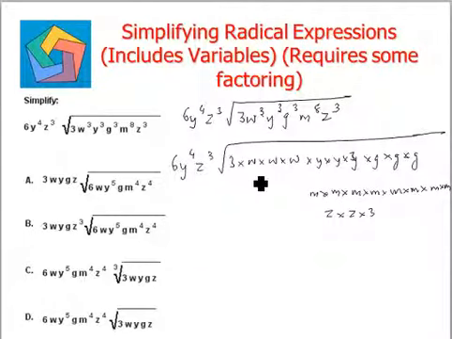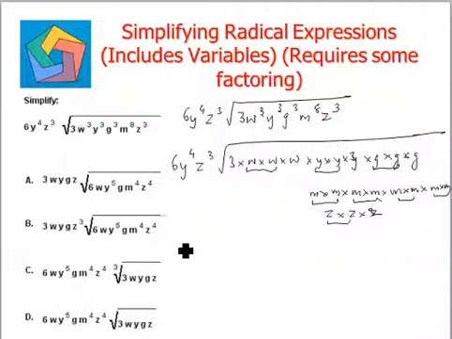So then we start making groups. Here the index is 2, so we make pairs of 2s. So 2 y's, 2 w's, 2 g's. M we can make 1, 2, 3 and 4 pairs, and then z.